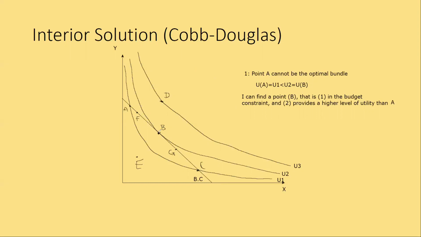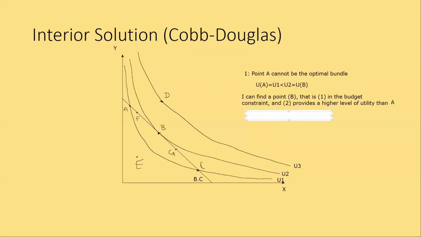Any point that provides a higher level of utility than point B does, say a point like point D, is going to be outside of our budget constraint, meaning that the consumer cannot afford that consumption bundle. So graphically, what is special about point B is that it is the point where our budget constraint is tangent to our indifference curve.